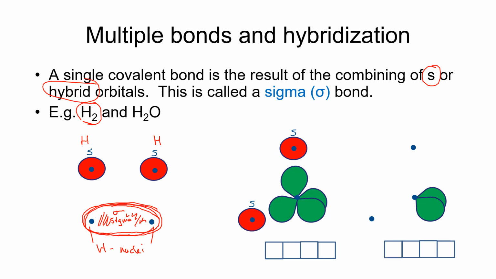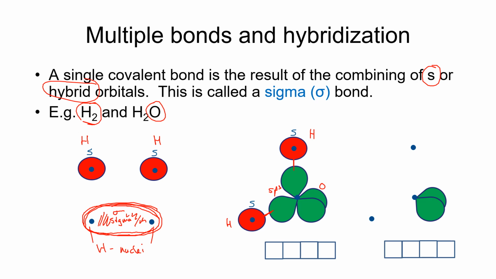Now this also works when you are making bonds between hybrid orbitals. So this is oxygen. Oxygen ends up making an sp3 hybrid, and so it has 4 blobs of electrons. 2 of those blobs are going to overlap with the s orbital for hydrogen. So we've got a hydrogen here, an oxygen here, and another hydrogen over here. These 2 blobs are going to overlap and make a sigma orbital, and these 2 blobs are going to overlap and make another sigma orbital.